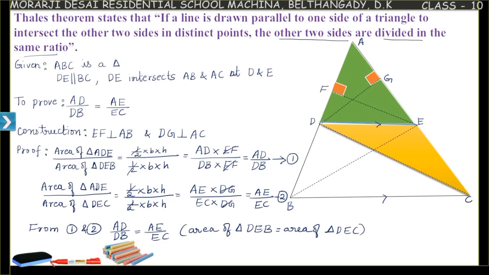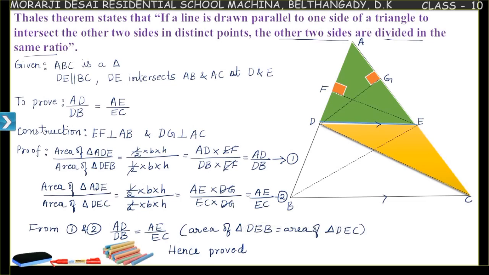In both the equations we have area of triangle DEB equal to area of triangle DEC. So left hand side is equal. Therefore, we can write right hand sides are equal. That is AD by DB is equal to AE by EC. Hence proved.